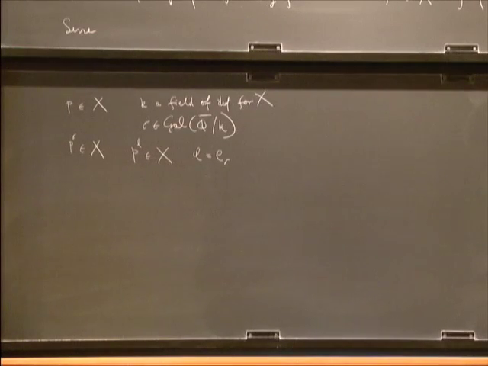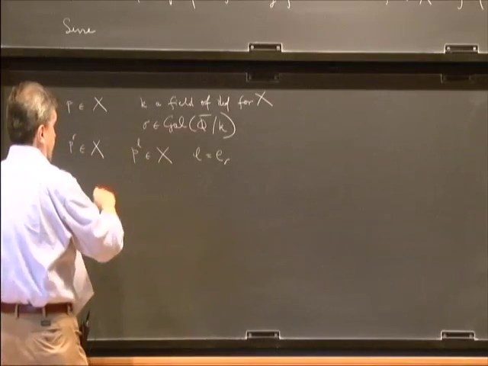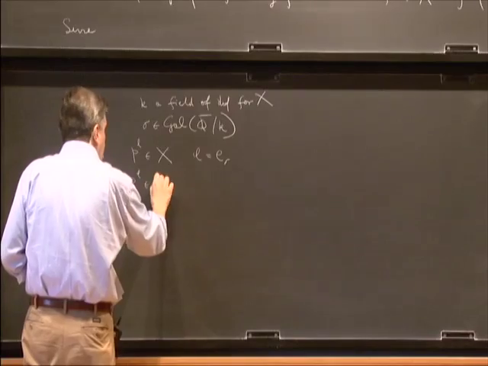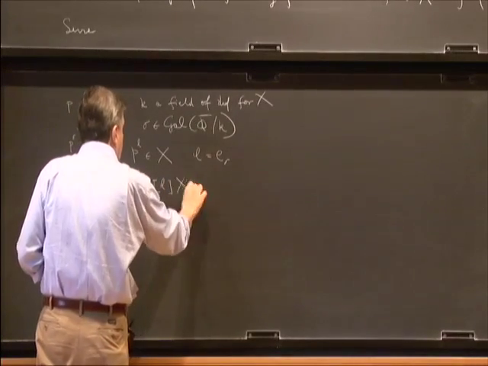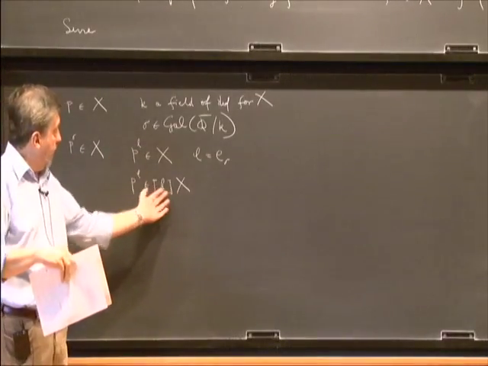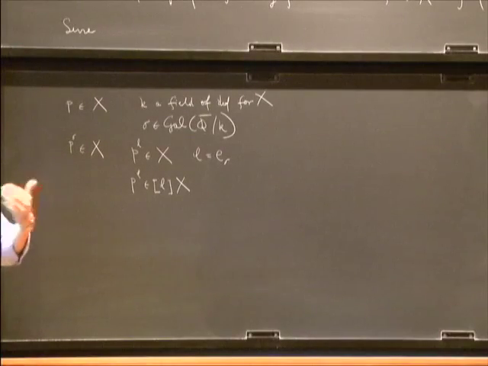Okay, so on the other hand, this P to the L also lies in the curve that I am denoting now with this symbol. It means simply the curve which is obtained by raising the points of X to the L-th power, which is an algebraic operation.